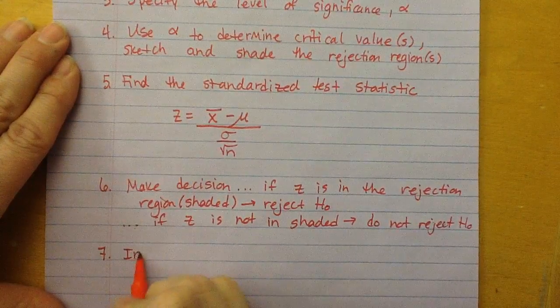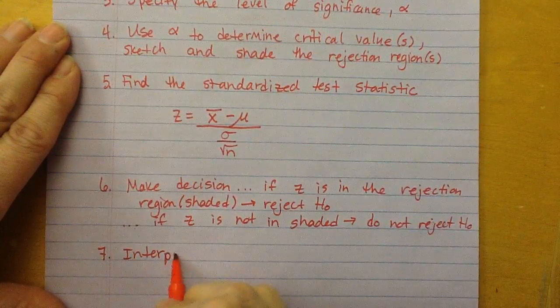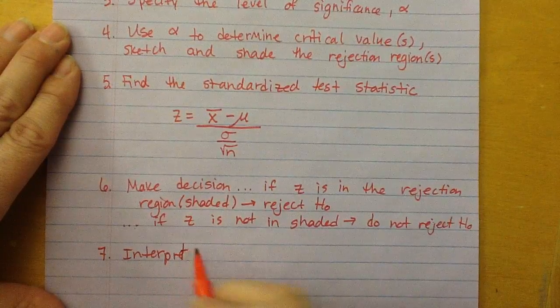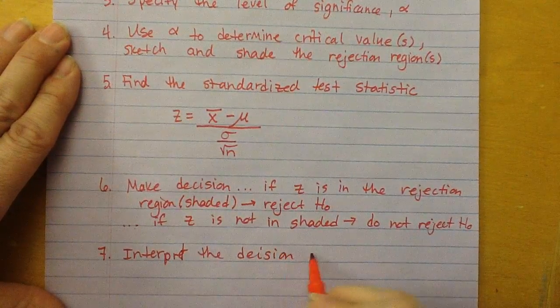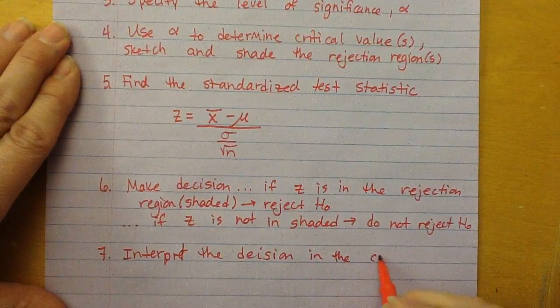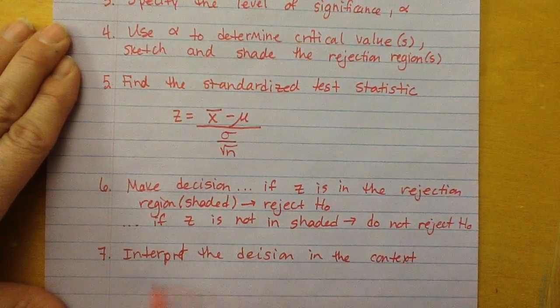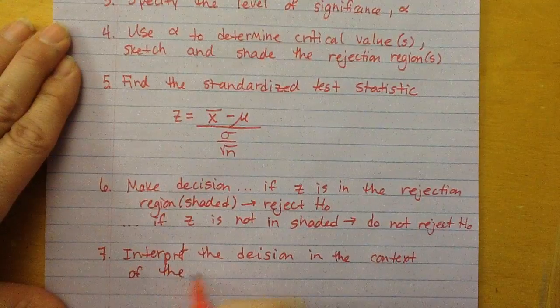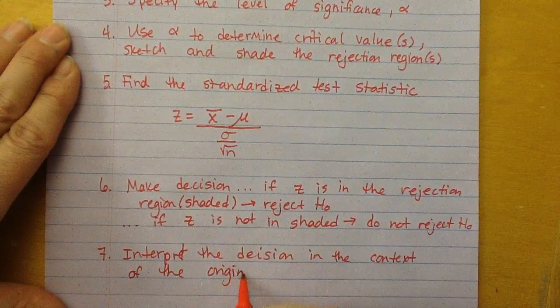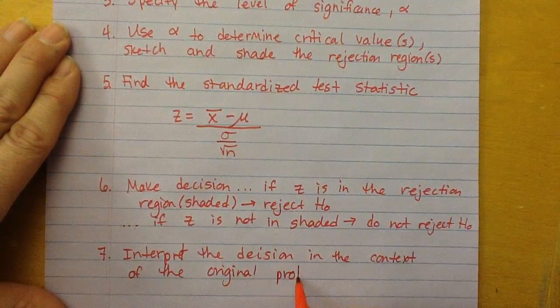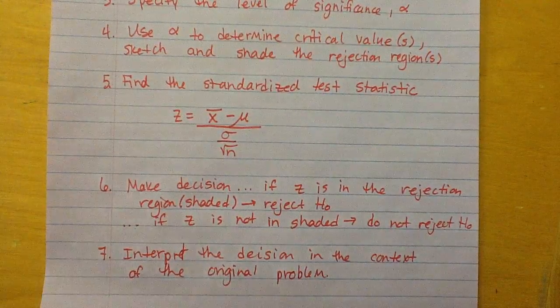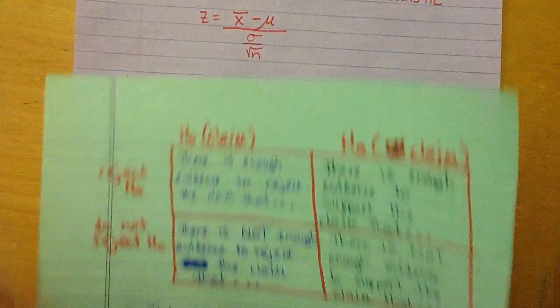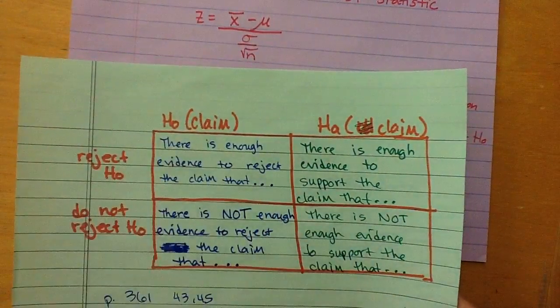And then the last thing is always going to be to interpret the decision in the context of the original problem. And make sure that when you do that interpreting, you go back and use that box.